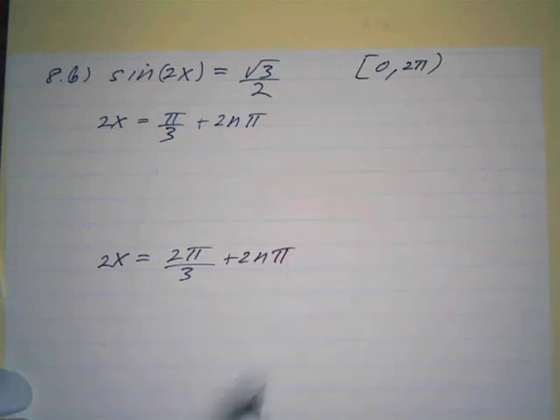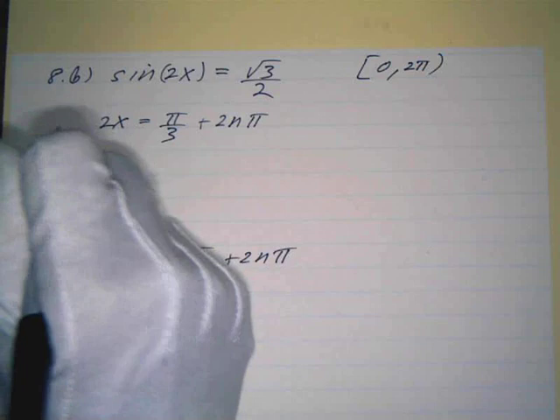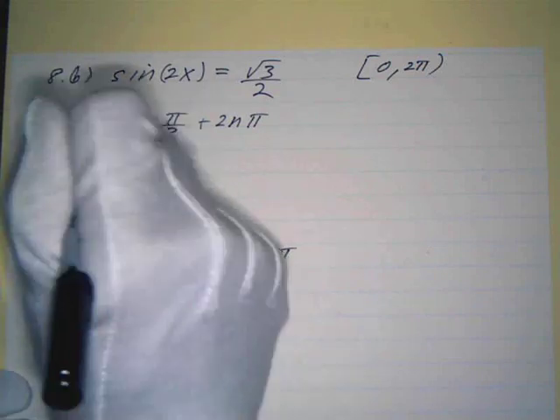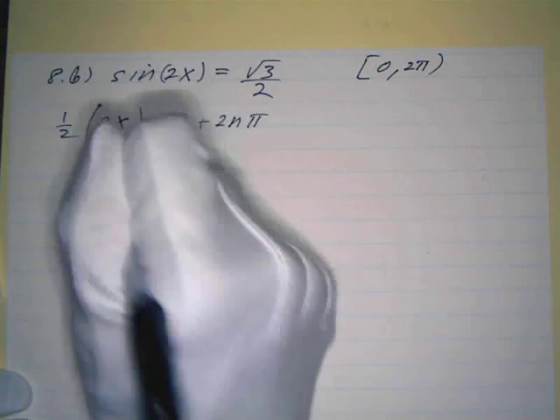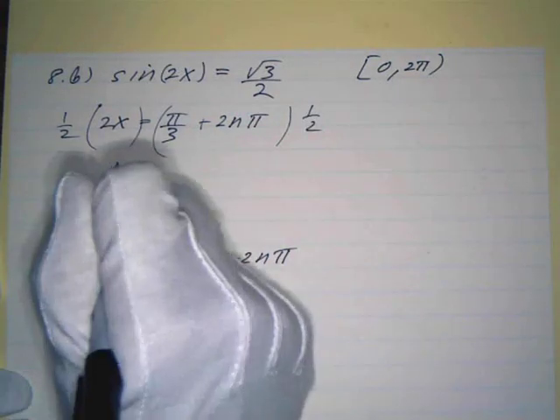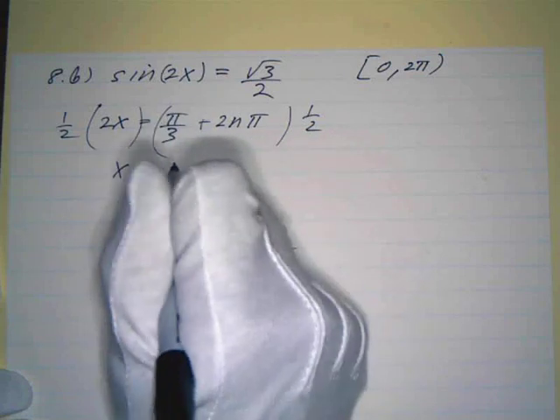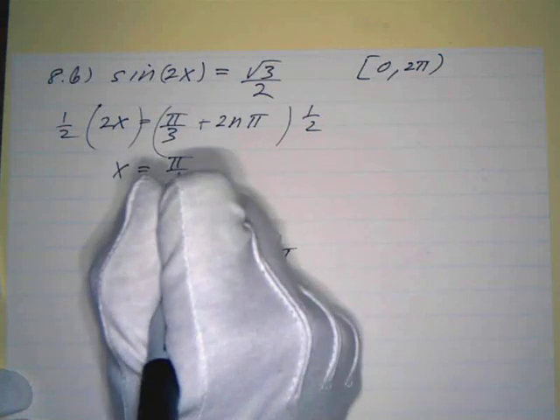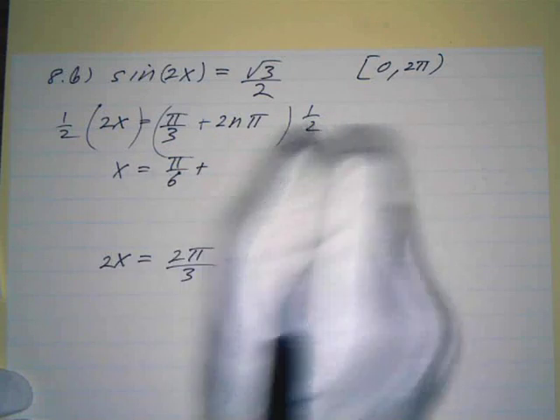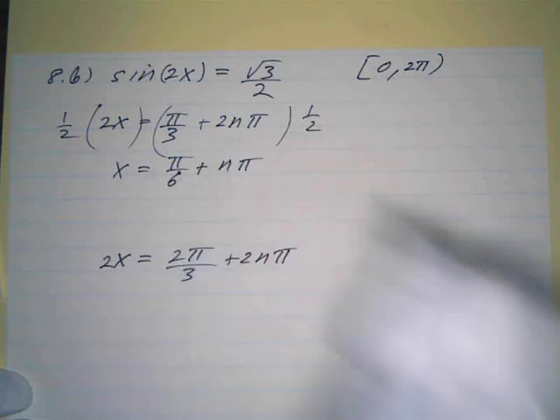Now this works out pretty good. I can multiply through by 1/2, both sides by 1/2. That's going to take care of my x, so that's going to give me x equals pi over 3 times 1/2, which is pi over 6, plus 1/2 of that will be n pi. So my one root will be pi over 6 when n is 0.